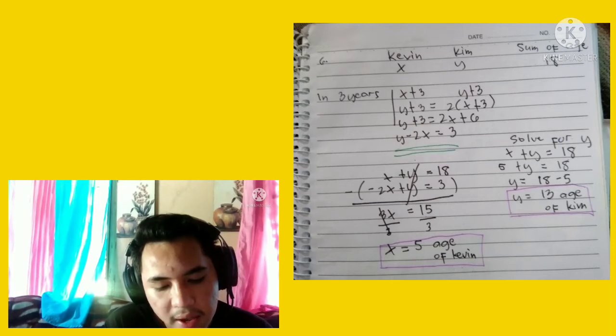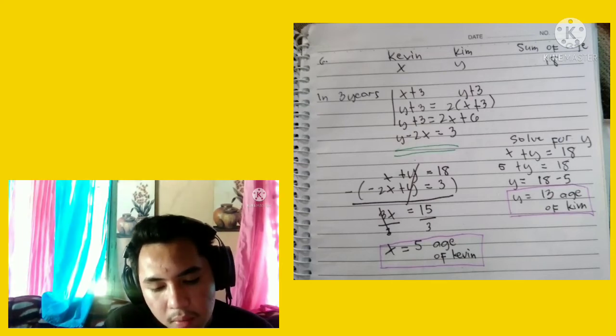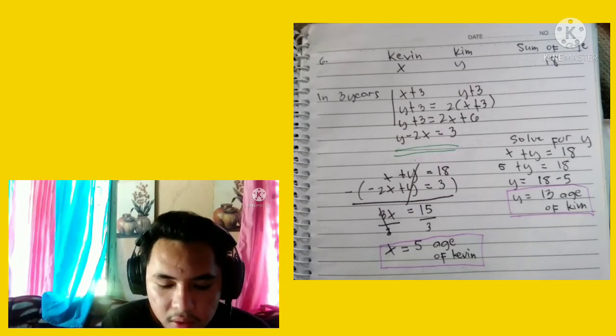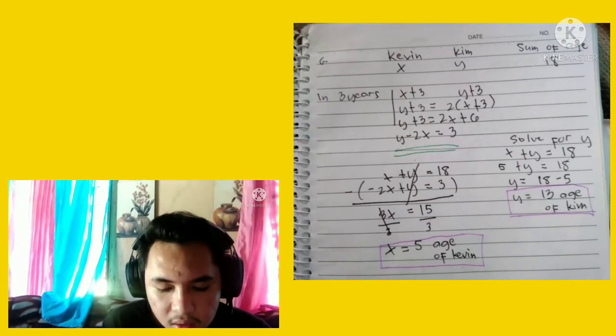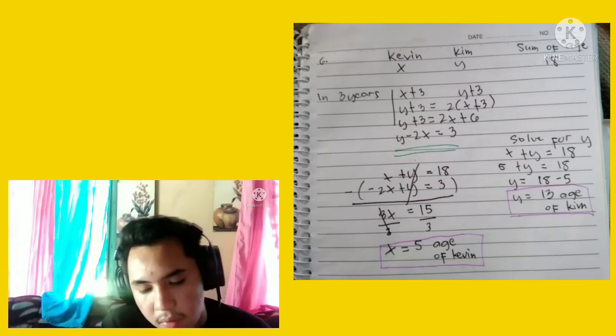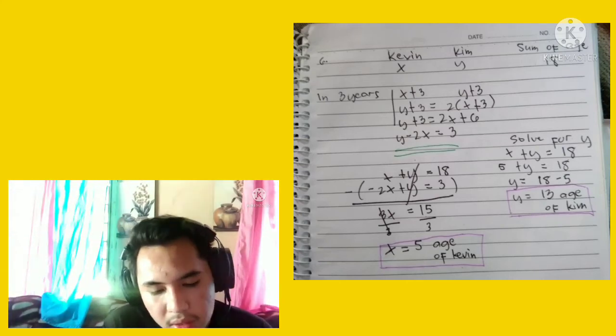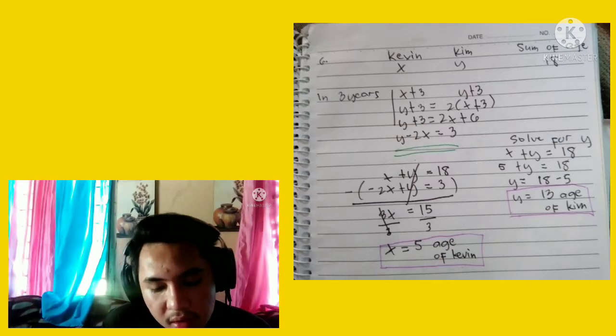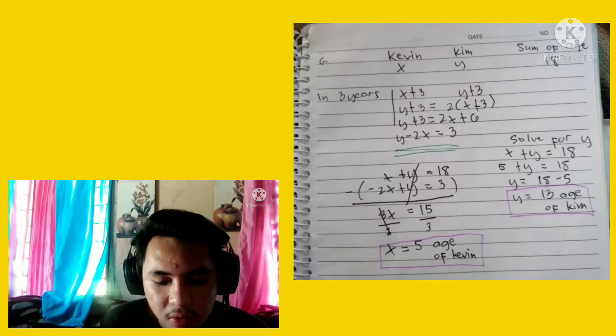So we will get 3x equals 18 minus 3. So we now have 3x equals 15. So divide both sides by 3. Now we will get x, the age of Kevin, equal to 5.